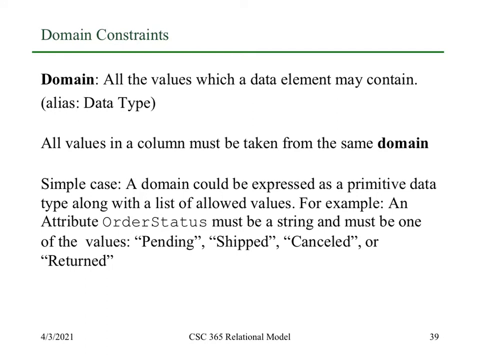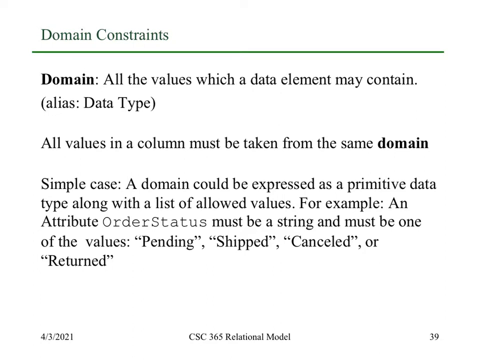The first type of rule I want to talk about are domain constraints, namely that the values that a data element may contain are limited to a certain set of values. This is similar to the concept of a data type that you've probably run into in many of your computer science courses. Namely, all the values in a column, in other words, all the values that a variable can take on, must be taken from the same domain.